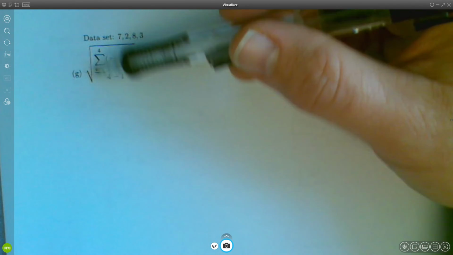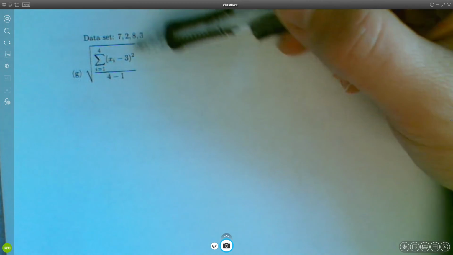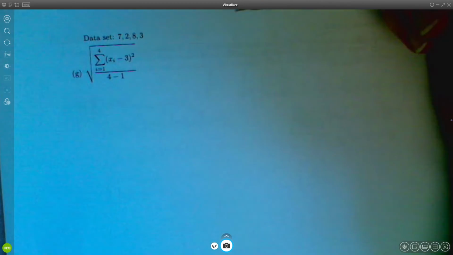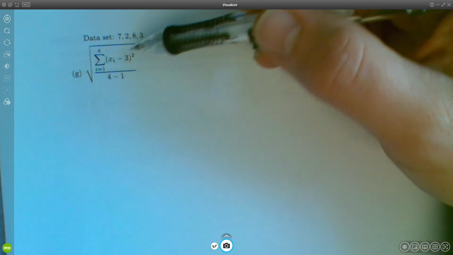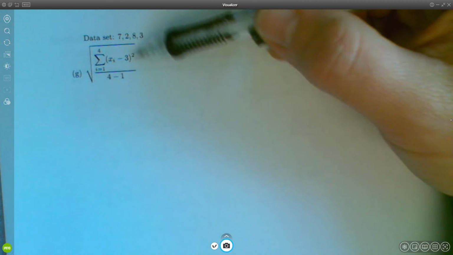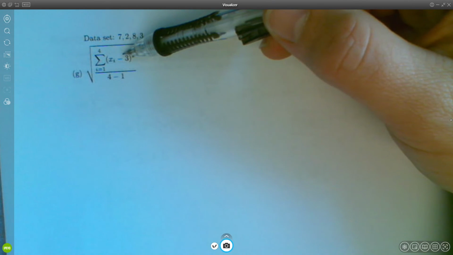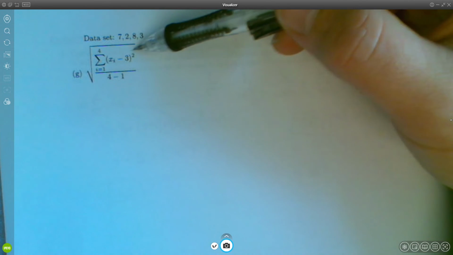So here's how this works. We want to take the square root of this expression, the entire expression, not just of the numerator, but of the denominator as well. So I'm going to kind of ignore the square root for now and focus just on the stuff inside of the square root. Inside of the square root, I've got to add up all of the xi minus 3's squared.